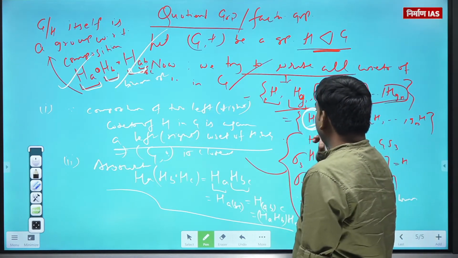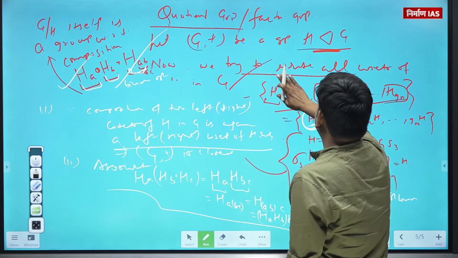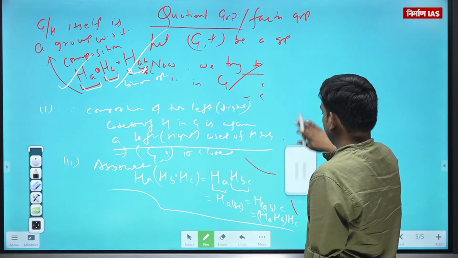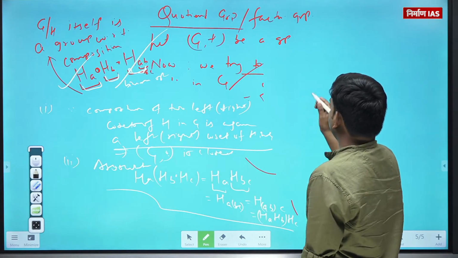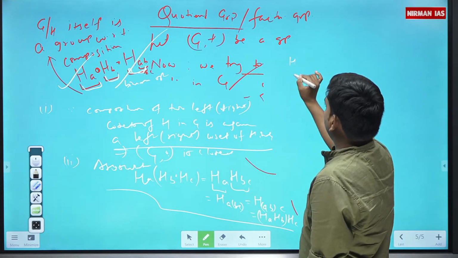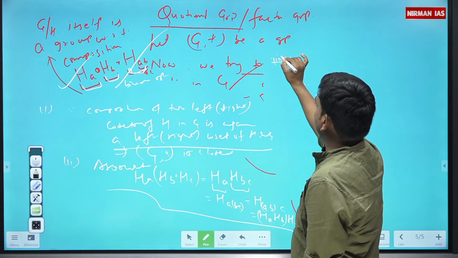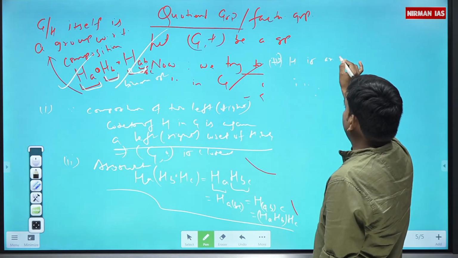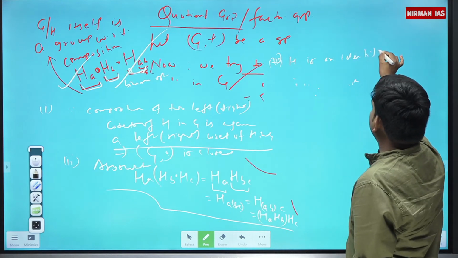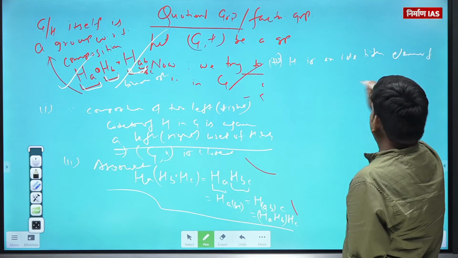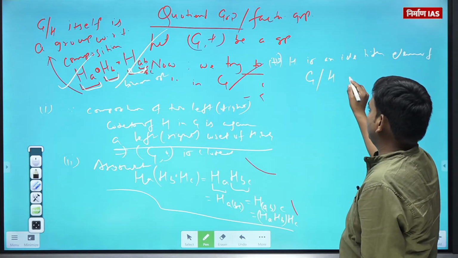So this H, number third property, is an identity element of GH.